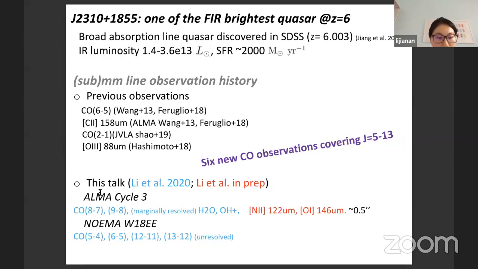In this talk, I will briefly introduce our ALMA and NOEMA observations of the molecular CO lines and water emissions, which have been published in 2020, and we also include the fine structure line observations, which are our ongoing work. Our new CO observations cover J equals 5 to 13, and complemented with previous CO 2-1 data, we are actually probing the CO from J equals 2 to 13.